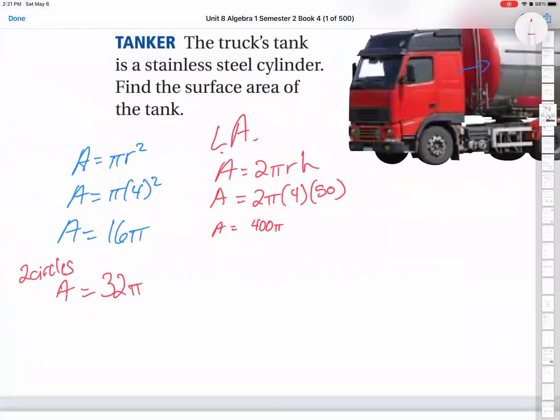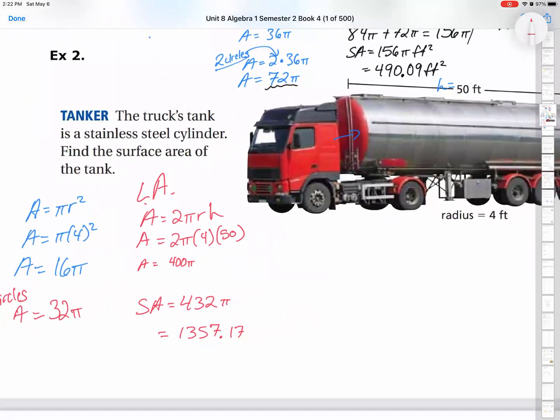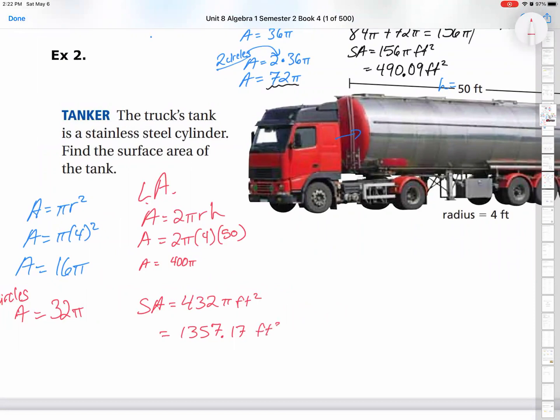So you're kind of just seeing, it's really just an application, but it's important to know so that, for those who are creating cylindrical shapes, they can have enough materials to actually do that. So 432 pi. And then as a result, in terms of a decimal, that would be 1357.17. Here we're talking about feet. Yeah, feet squared.